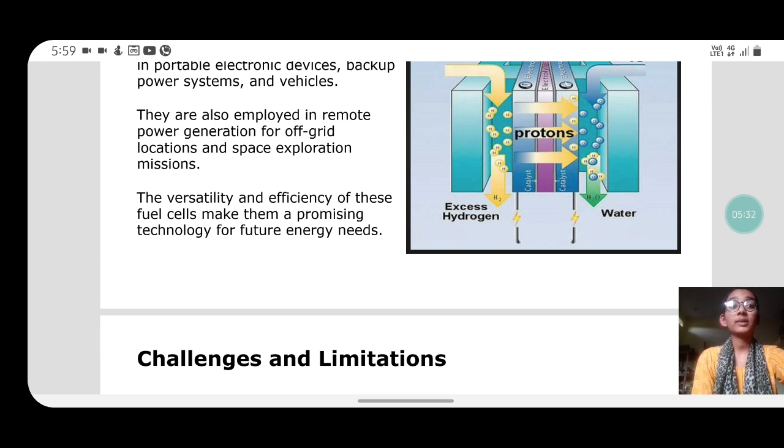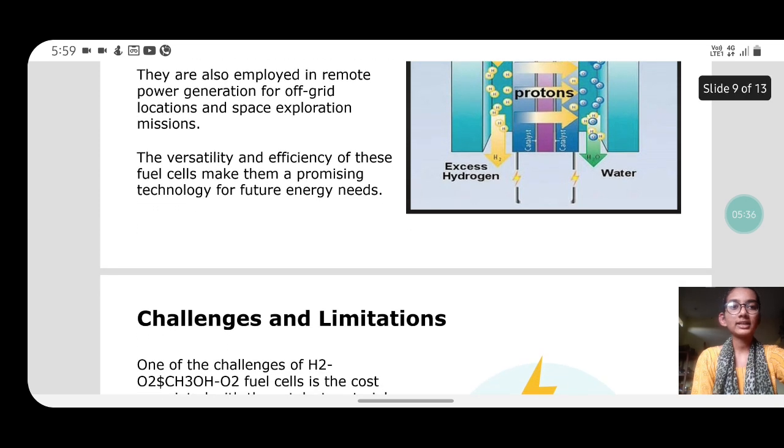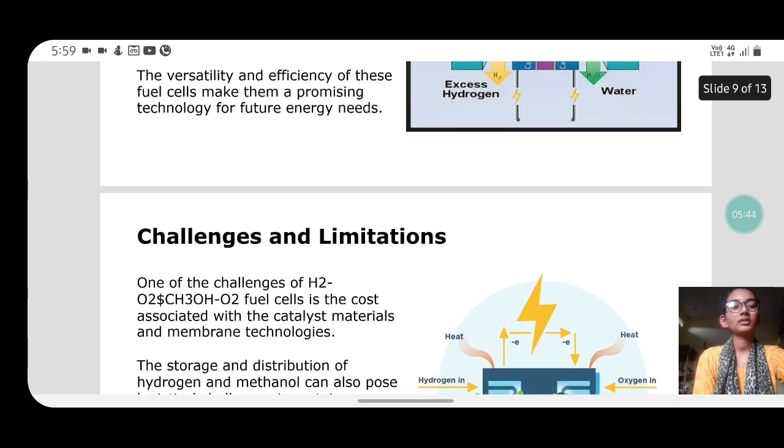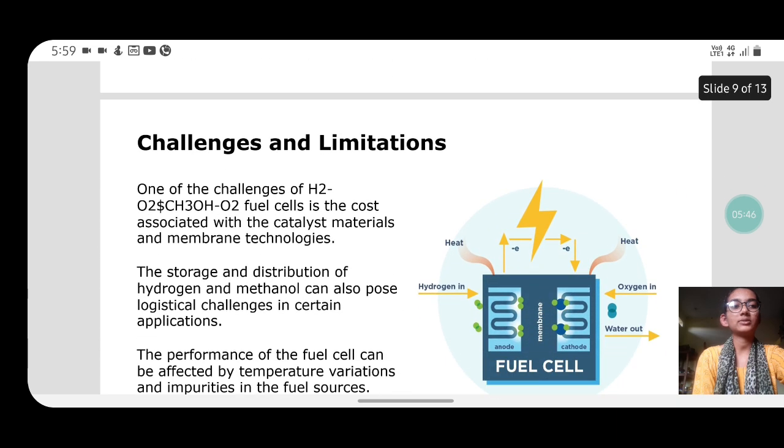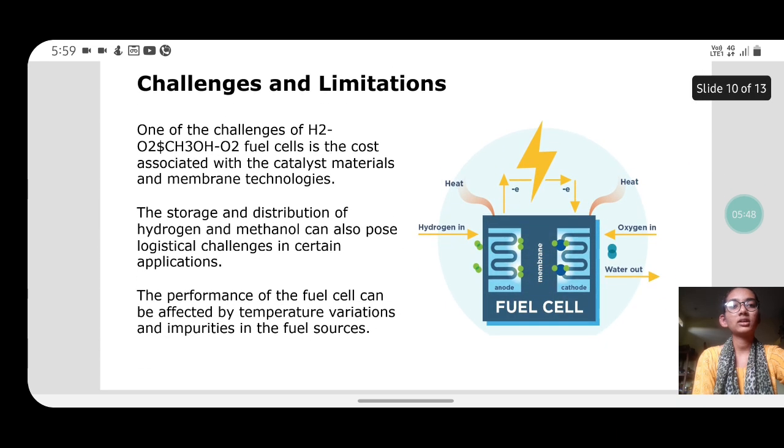The versatility and efficiency of these fuel cells make them a promising technology for future energy needs. These are the batteries which can be used in future.